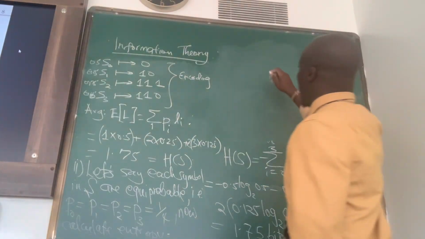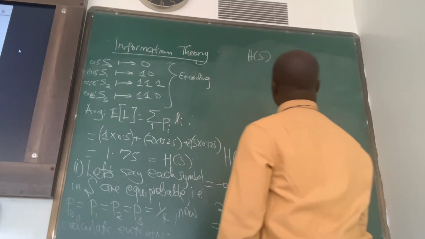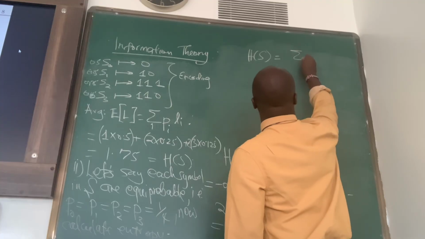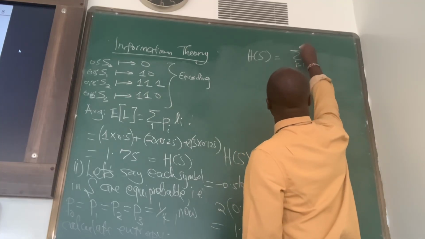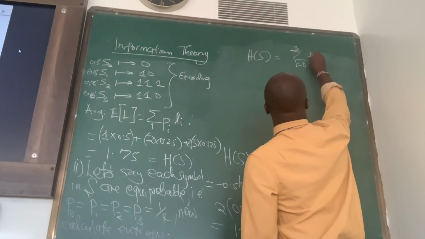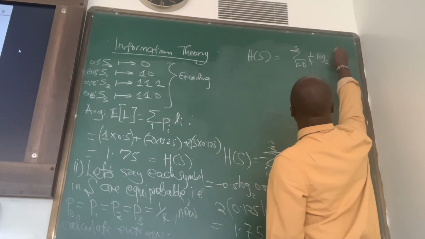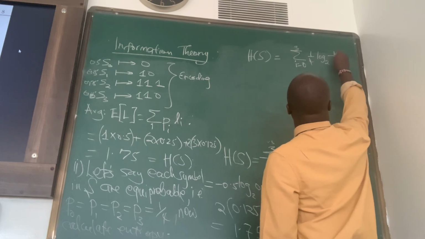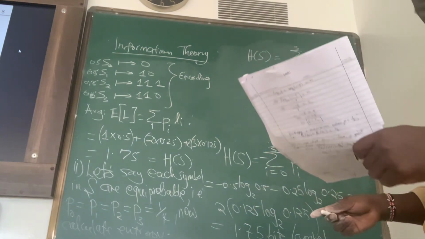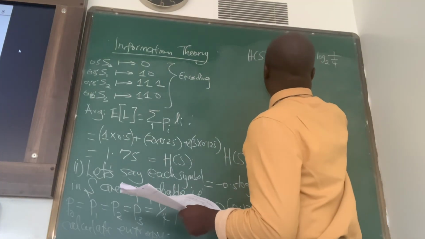So the entropy of this symbol now becomes H(S), and H(S) we have the sum from i equals 0 to 3 of p_i, which is 1/4, times log to base 2 of 1/(1/4).